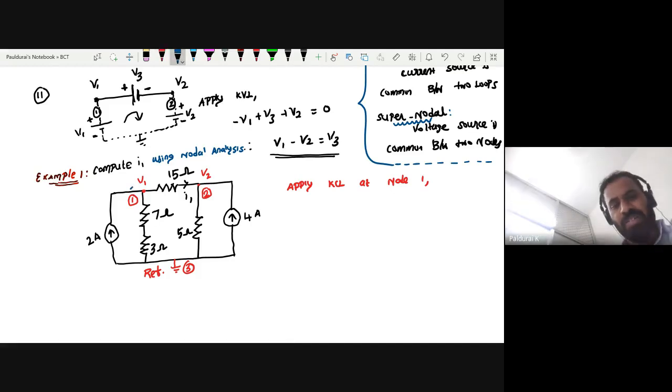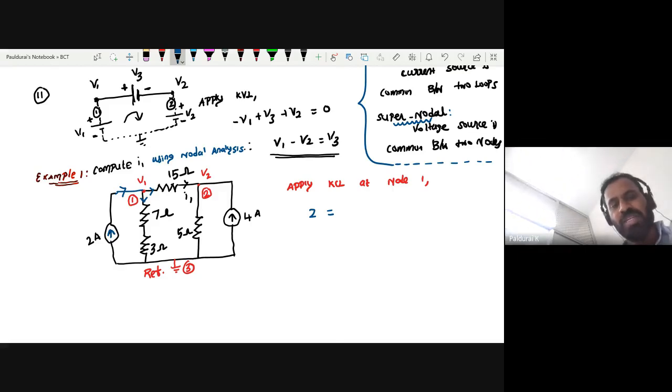So 3 branches. Assume all are leaving currents. But here, see, this one is entering. So as per the given notation, I want to take this one as entering current. So this time I have entering current equals leaving current.